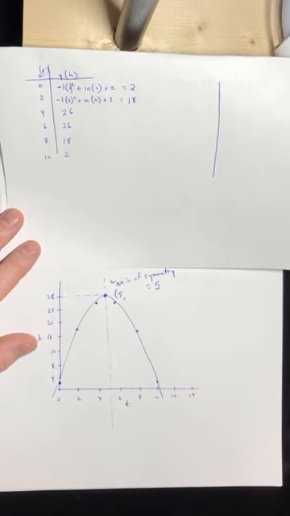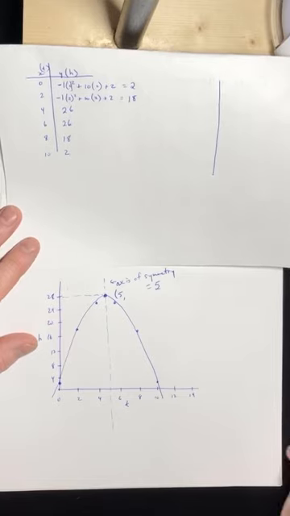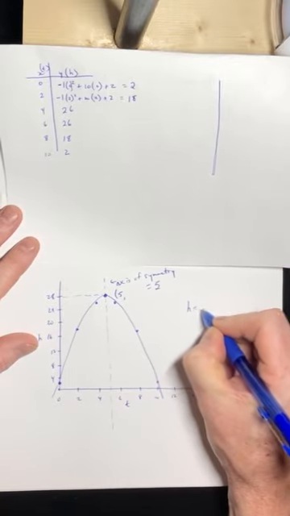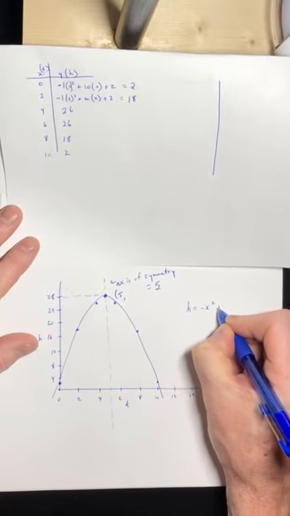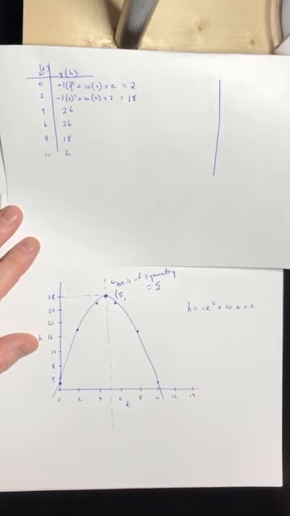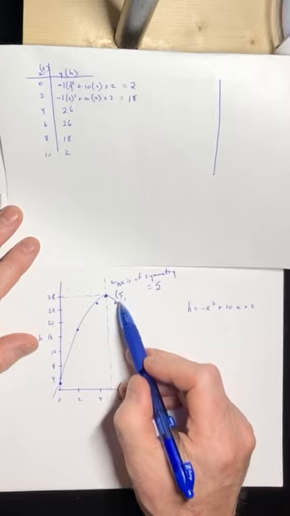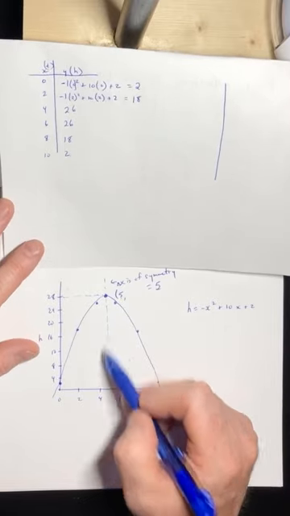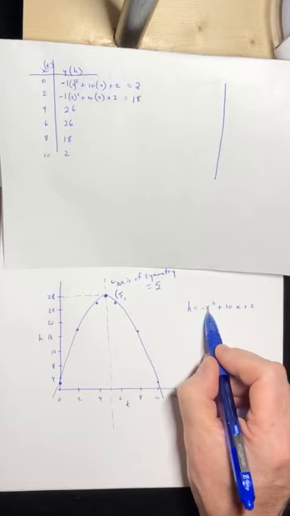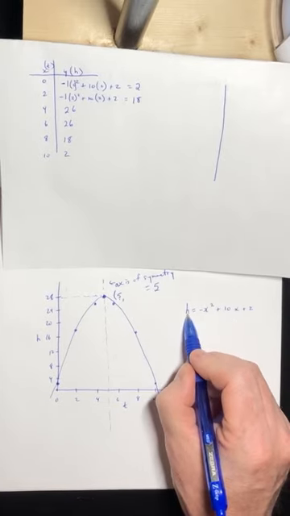And sometimes we cannot tell by just the graph. But we can go back and we can use our formula to figure this out. So our formula for this curve is height is equal to negative x squared plus 10x plus 2. Because we know that the vertex is at 5, that's our axis of symmetry, I'm going to sub in 5 for x, and I can find out the height.